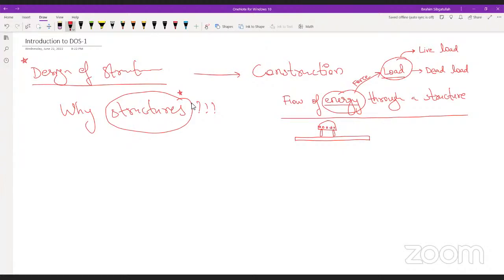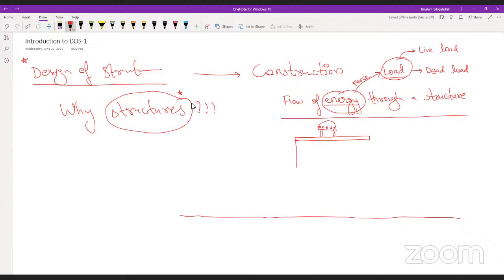So this is an alien's ship, and we are landing an alien's ship on our terrace. To land it, we need a flat surface. Suppose this is the ground. We cannot just leave this flat surface flying in the air. It needs support. So what do we do over there?